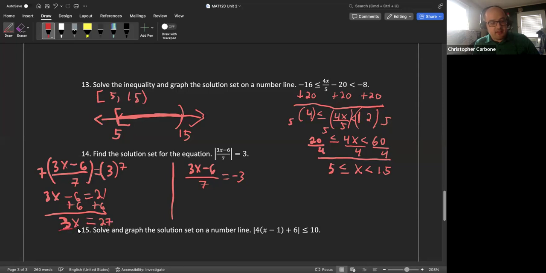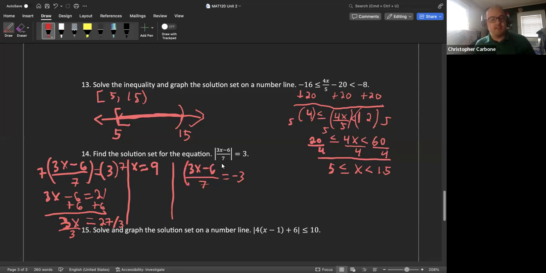And then we could divide by 3 on both sides, which just means that x would be equal to whatever 27 divided by 3 is, which is going to be 9.